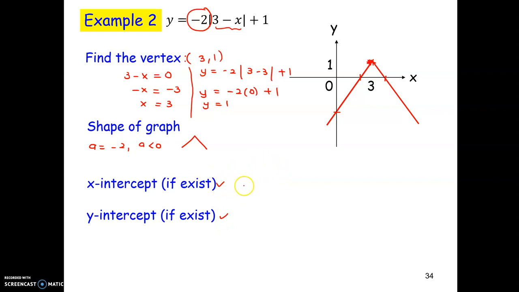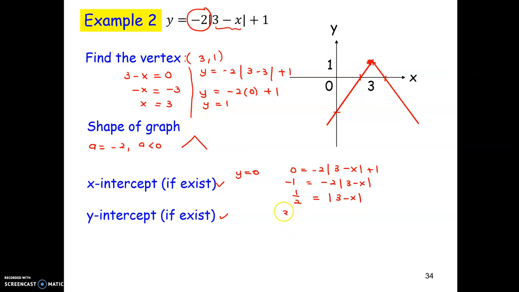So let us calculate what happens when y is equal to 0. So I have 0 equal to negative 2, the modulus of 3 minus x, plus 1. So negative 1 equal to negative 2 times the modulus of 3 minus x. So 1 over 2 is equal to the modulus of 3 minus x.